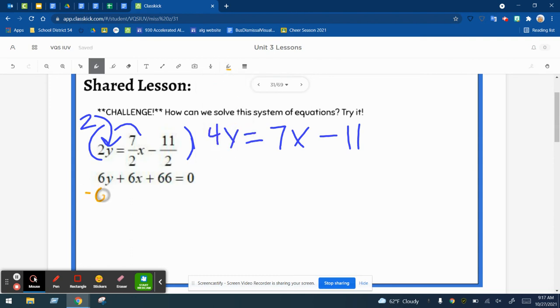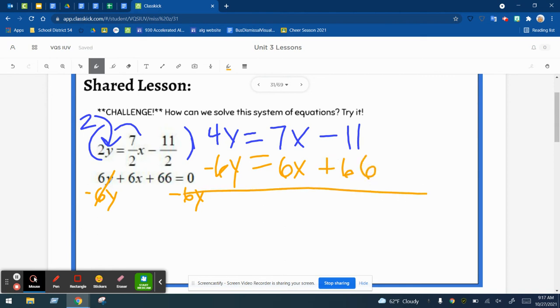So let's go ahead and move it so that we can get things lined up. So if I subtract my 6y, it's going to be on the same side as the 4y. It's on the other side of the equals. Then I have the 6x plus 66. Okay. Can't really cancel anything here, but my y's are opposites, so let's also make them have the same coefficient.